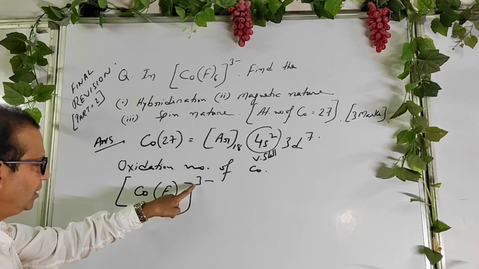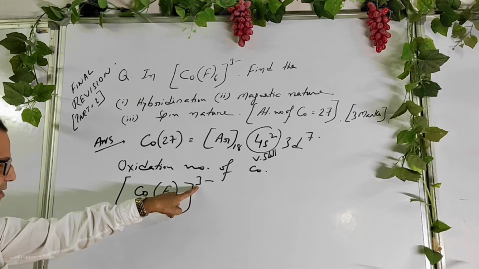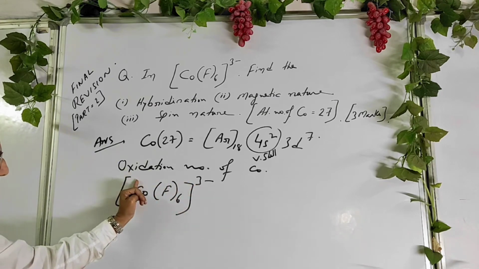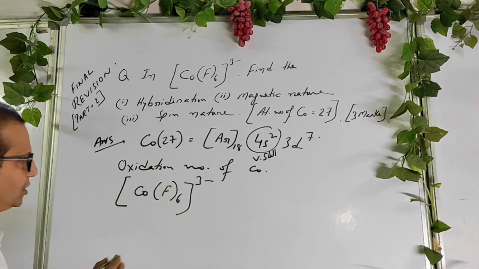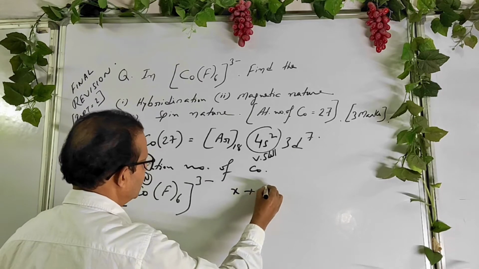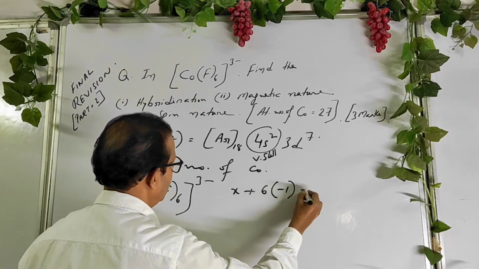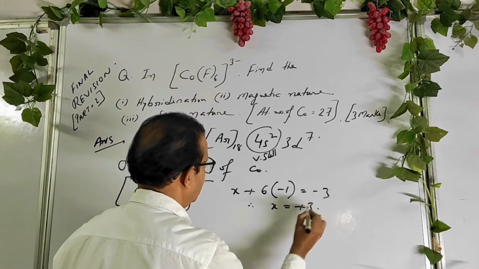This is an ion. The rule to find the oxidation number is to add the oxidation numbers of all and equate to the charge. So say cobalt is x plus 6 into minus 1 equals minus 3, therefore x equals plus 3.